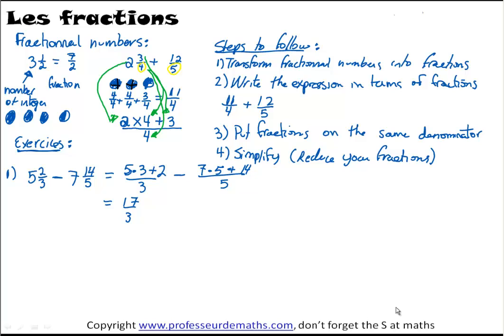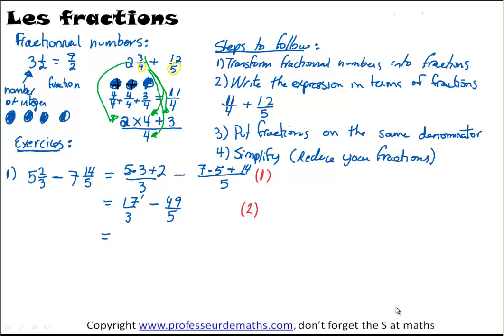And now we have minus 49 over 5, and now we are at step 3 because we have already written step 2, write down the expression in terms of fractions. This is done. So here was step 1, here is step 2, and now let's go for step 3. Step 3, we put the fractions on the same denominator.